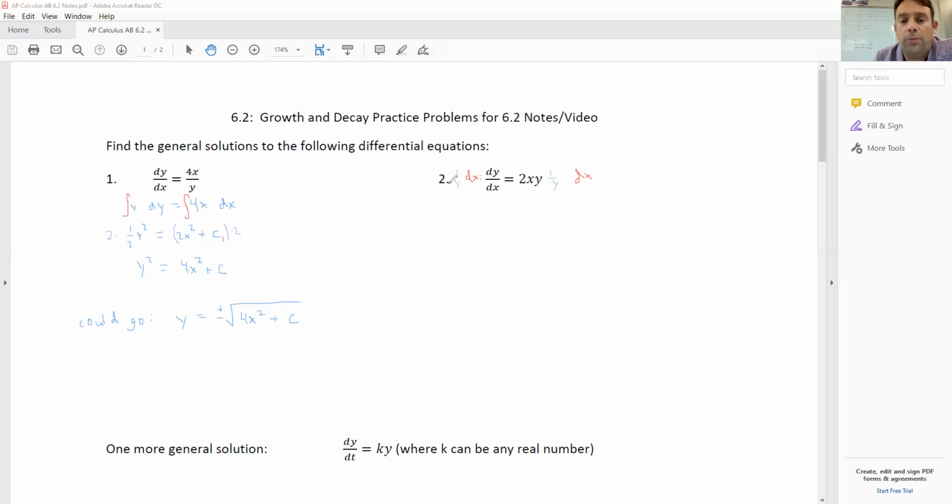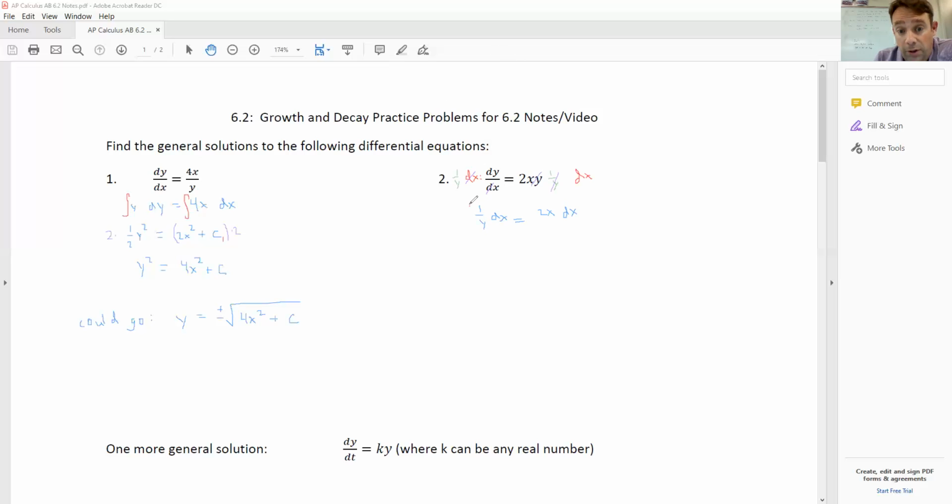So if I do the same thing to both sides, I'd end up with 1 over y dy. And on the other side, I'd have 2x dx. Because again, the dx's would cancel out here, and the y's would cancel out here.